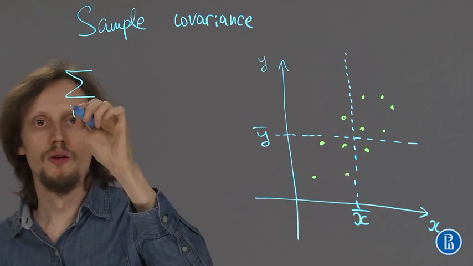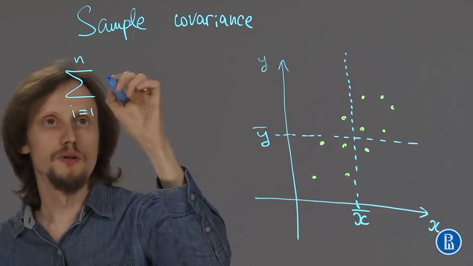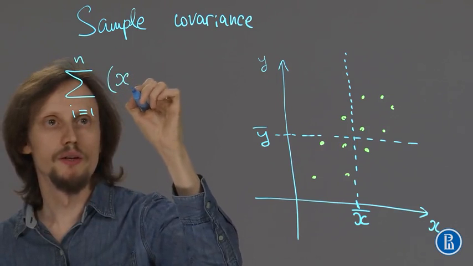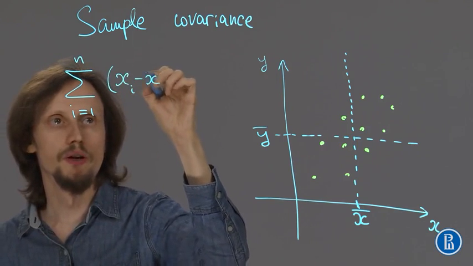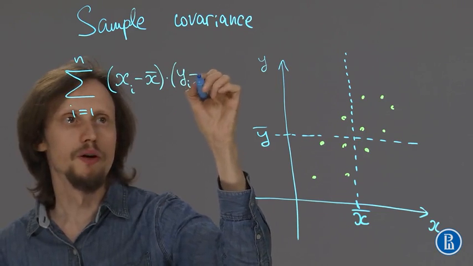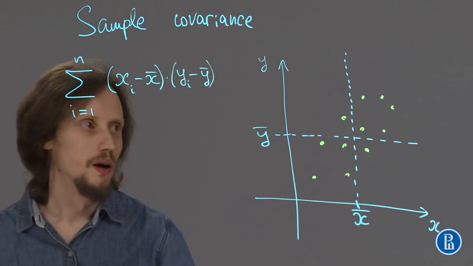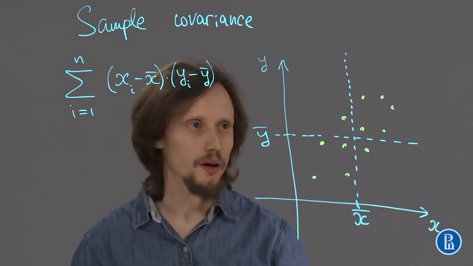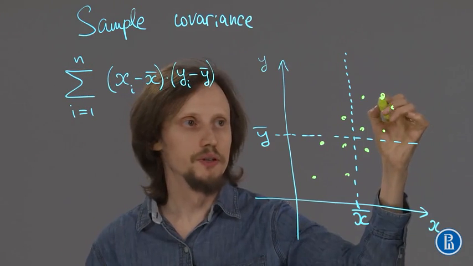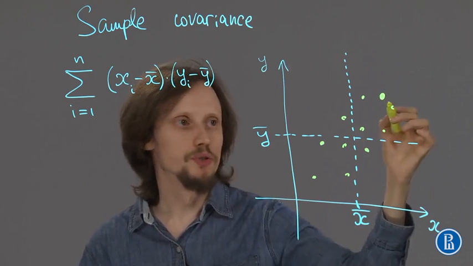I will be interested in the following sum. Sum for all data points of the following product: xi minus x bar times yi minus y bar. For example, if I have this point, the corresponding differences are positive.